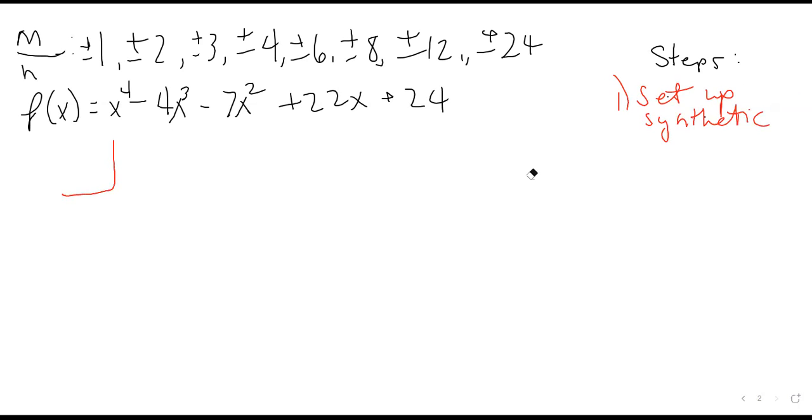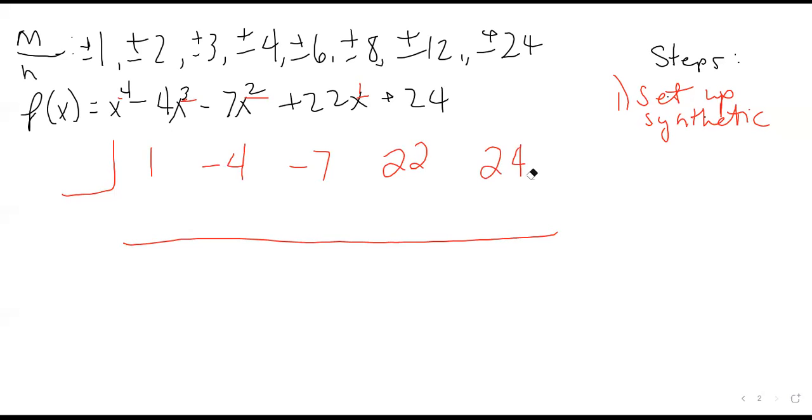I'm setting up my coefficients. Remember, I have to go 4, 3, 2, 1. Okay, all my variables are in order. I'm not missing any exponents. They all go in the correct way. So I'm going to go ahead and write 1, -4, -7, 22, and 24. Remember, I only have to write the numbers. No variables, no exponents are needed.